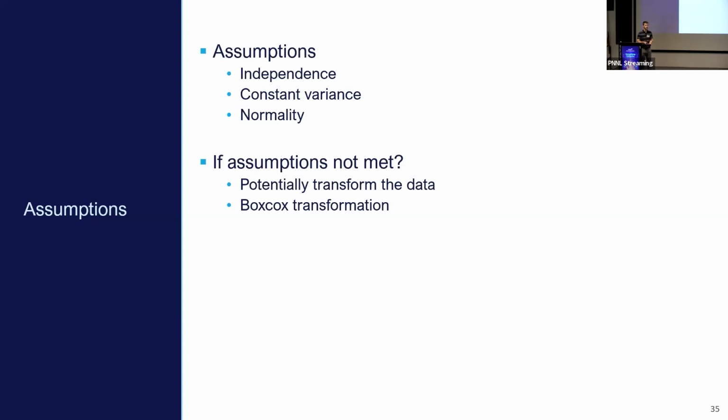If the assumptions are not met, we're not completely out of luck. We have a few things that we can do. We can potentially transform the data using something like a Box-Cox transformation. It's also important to note that not all of these assumptions are held to the same magnitude. For example, if the data is not independent, then you really can't run these ANOVA tests.